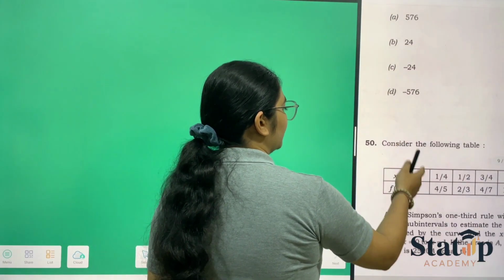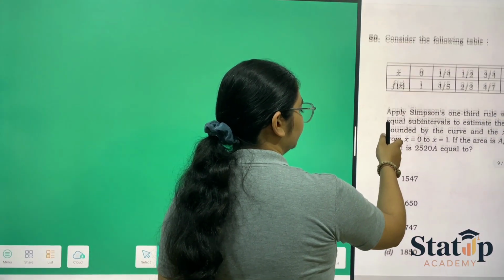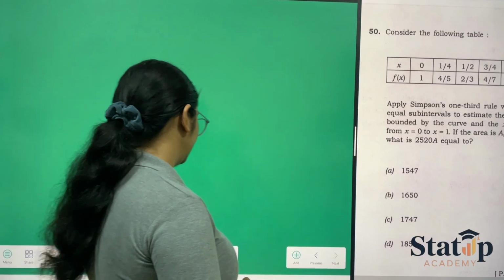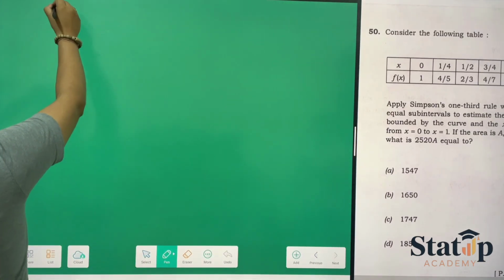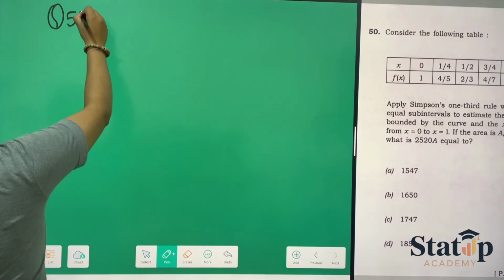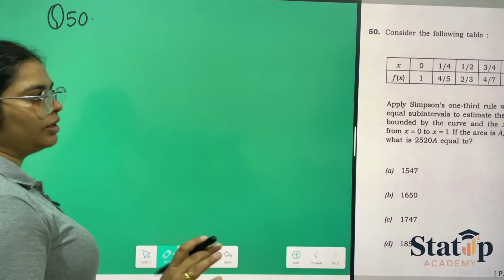Now doing question number 50, which is Simpson's 1/3 rule. Direct implementation of Simpson's 1/3 rule. I am writing the formula and then we will be putting it.